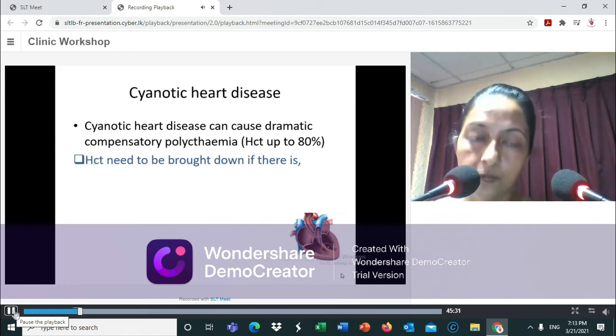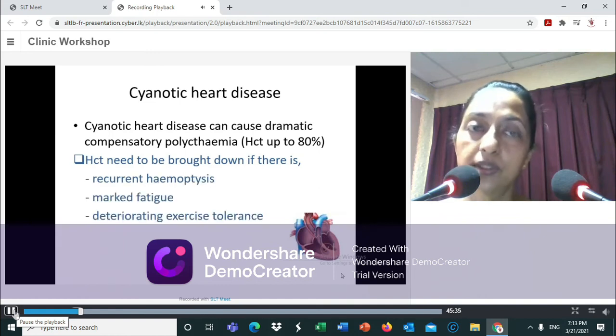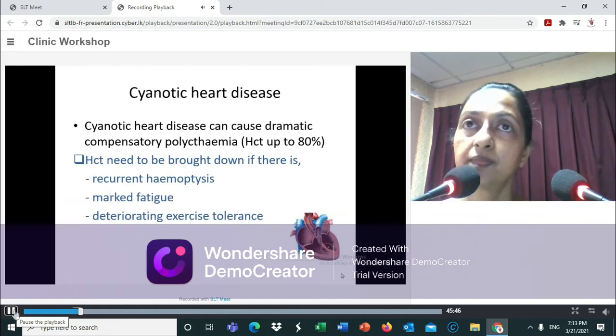So what the guidelines say is to try and reduce hematocrit if there is recurrent hemoptysis, marked fatigue, and deteriorating exercise tolerance. And these are the given indications to reduce hematocrit in patients with cyanotic heart disease.